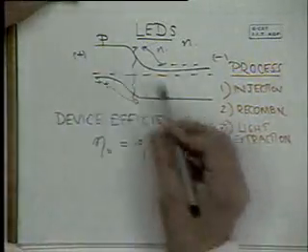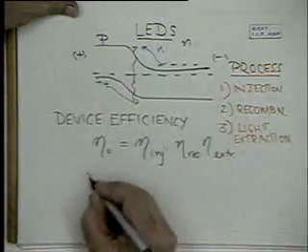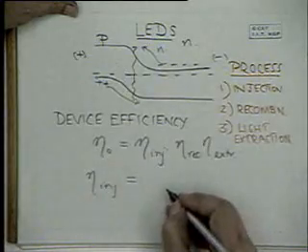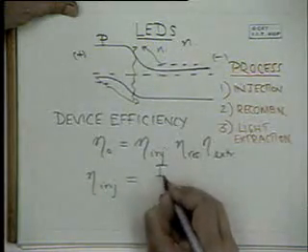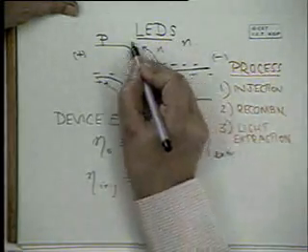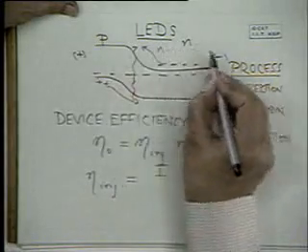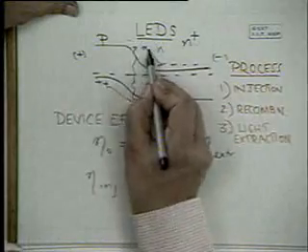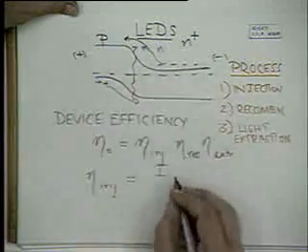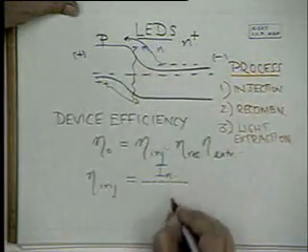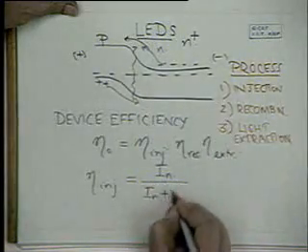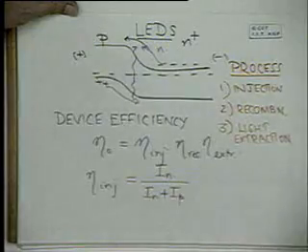Now, from simple PN junction theory, we know what the injection efficiency is. Suppose we're talking about injection of electrons. Suppose this is an N plus P junction, so we're interested in the injection of electrons here. So the injection efficiency is IN over total current, which is IN plus IP.